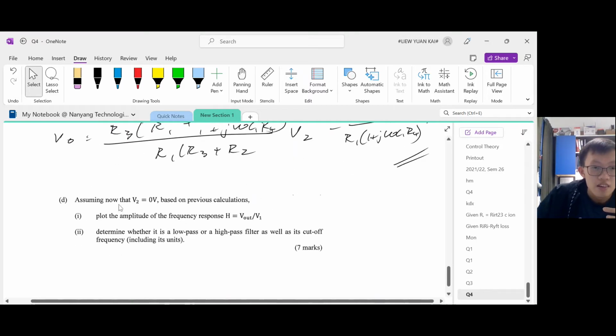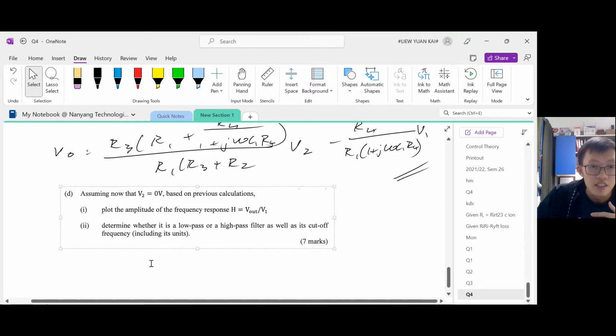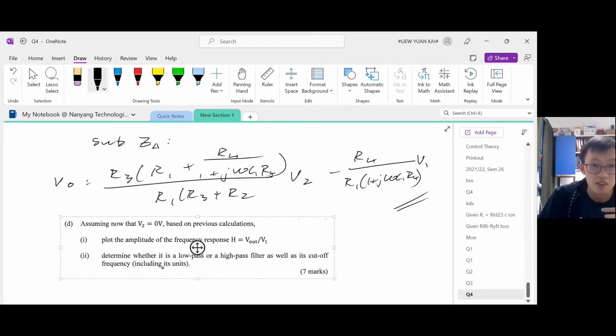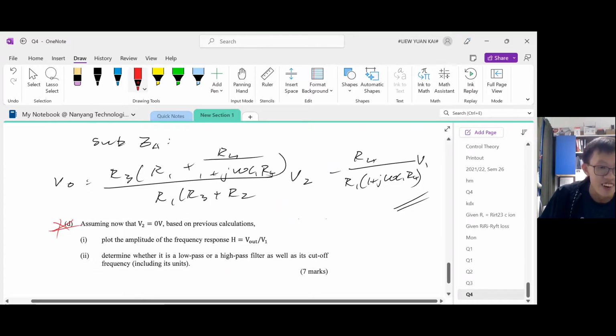Okay, so now in D part 2, assuming that V2 is 0 volts based on the previous calculations, plot the amplitude V out over V in. I found this question quite funny in D part 1. Plot the amplitude means the Bode plot.